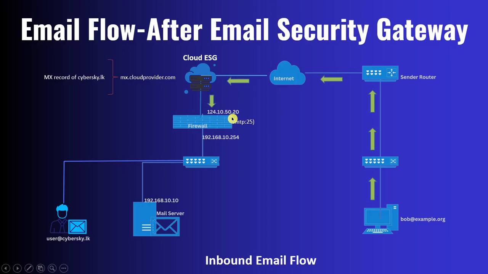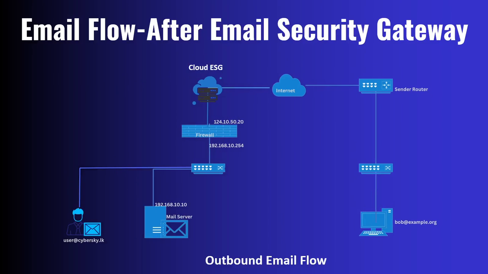Once you configure the NAT settings, the mail flow looks like this. The mail server side accepts the mails. You also need to configure some inbound connector settings to allow these cloud IPs, and then it will deliver to the user at cybersky.lk. That's how the inbound email flow works.